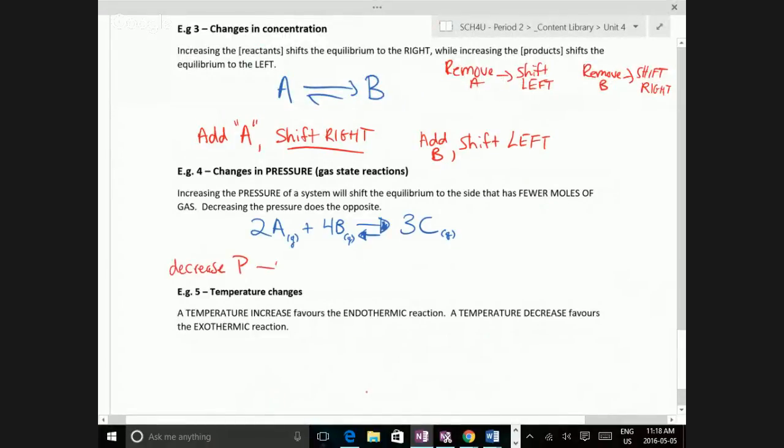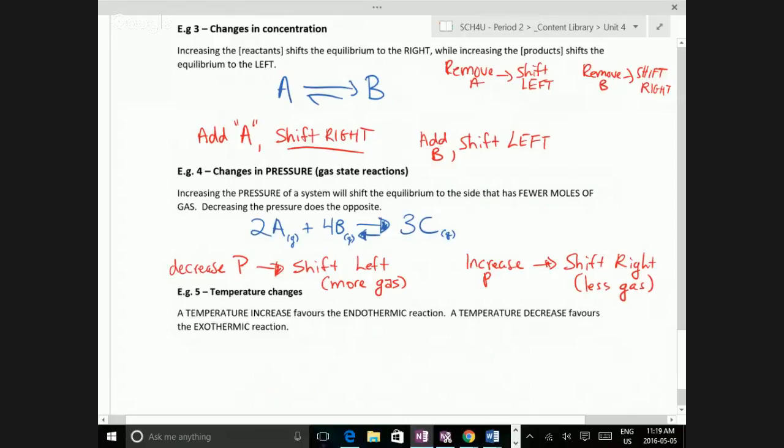So if I decrease the pressure, it will shift left. And I'm just going to say here, that makes more gas. And if I were to increase the pressure, it's going to shift right to make less gas to counteract what I've done.